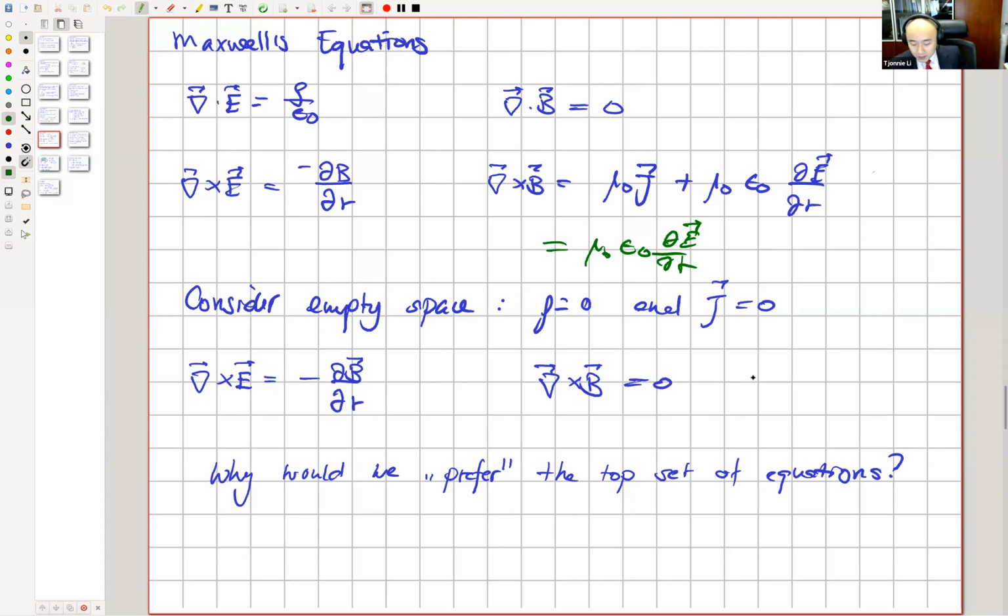And you can only do that when the set of equations looks like this and not like this. So this equation here is not the right equation. It does not allow for EM waves.